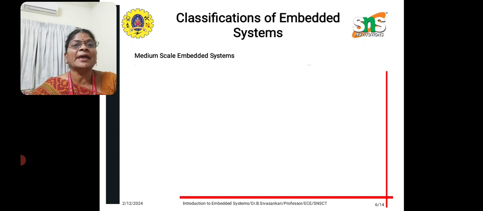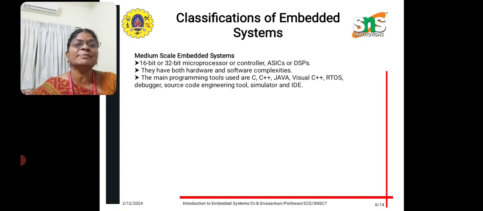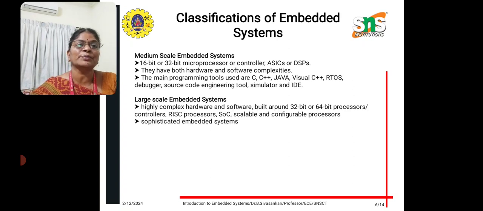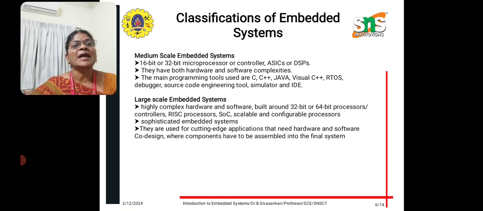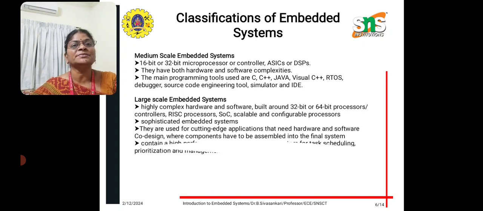Next, the medium scale embedded system is a 16-bit or 32-bit microprocessor or controller, like ASICs or DSPs. And the large scale embedded system is a highly complex hardware and software built around 32-bit or 64-bit processors or controllers, RISC processors, SoC, that is system on chip, scalable and configurable processors, right?